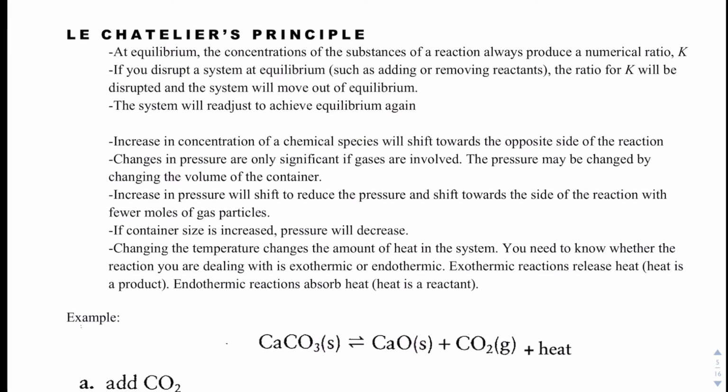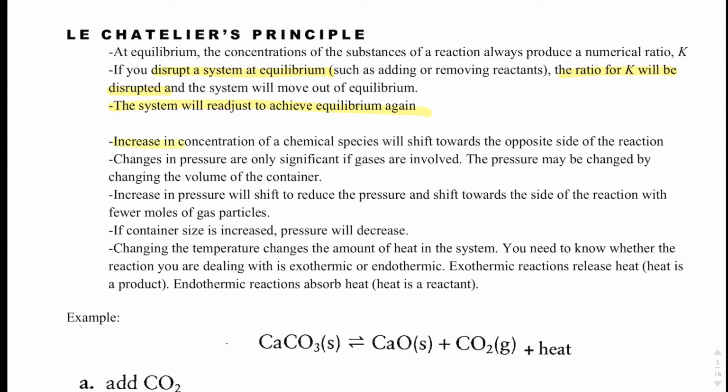Okay, now we're going to talk about Le Chatelier's principle, and I'm just going to do a couple examples here. This key is posted online so you can check any examples that we don't do. But Le Chatelier's principle states that you already have a reaction at equilibrium. So you're at your equilibrium constant K, and there is some sort of disturbance. You disrupt the system, and that messes with your ratio. So the ratio of K will be disrupted, and the system is going to have to readjust to achieve equilibrium.